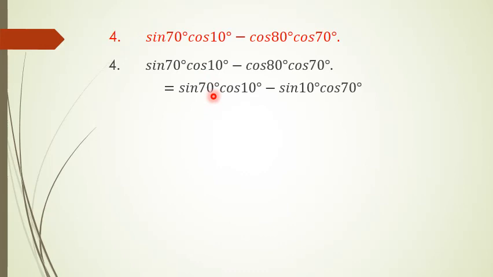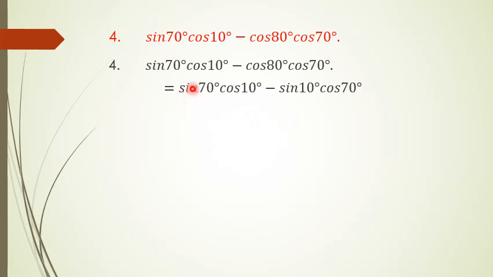So that's sine 70 degrees cos 10 degrees, which is that. Then reducing this one using co-angles, this will be equal to sine 10 degrees, a co-angle of 80 degrees. 80 plus 10 is 90. So cos 70, cos 70. Then we check the order in which the sine and cosine come in the expression. That's sine, cos, sine, cos. Now that is not the order for the compound angle formula for sine.